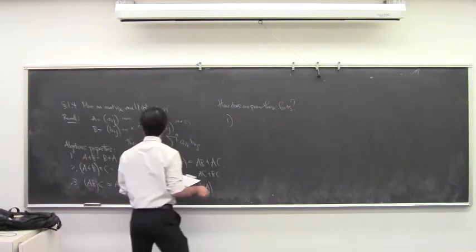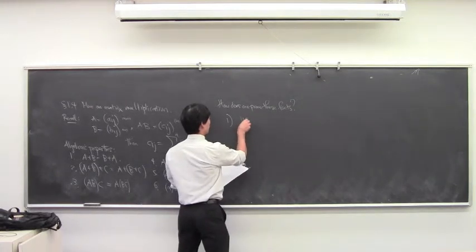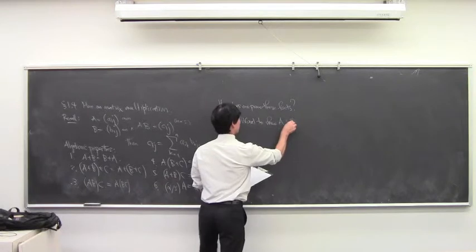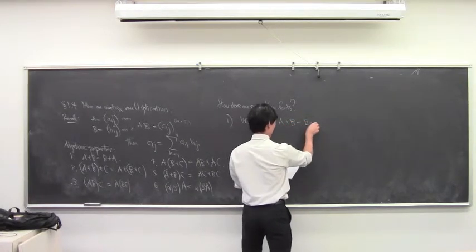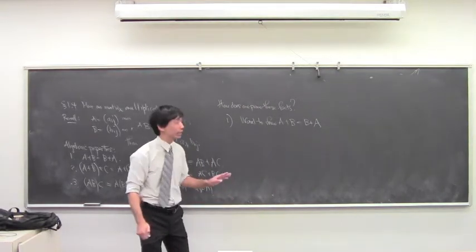So let's look at the first one, right? You want to show A plus B equals B plus A. We're going to be very pedantic about it, but we'll do it, okay?